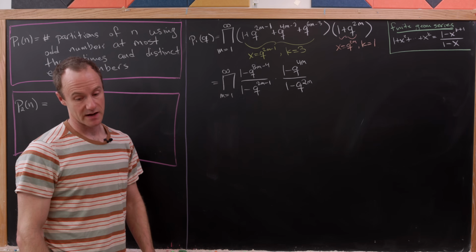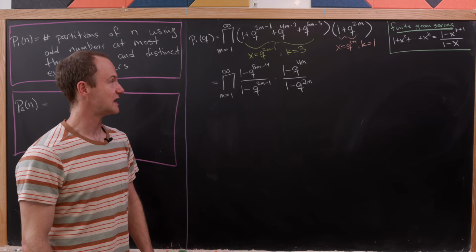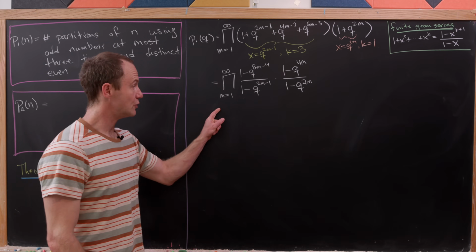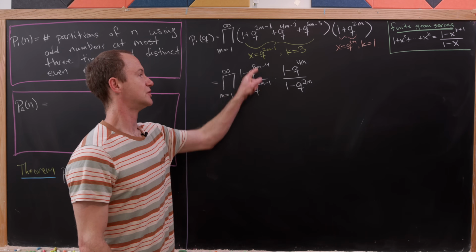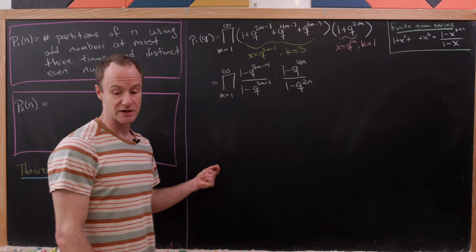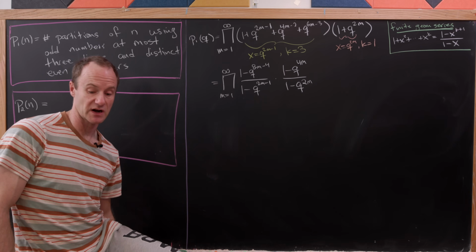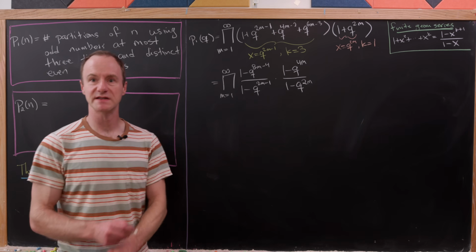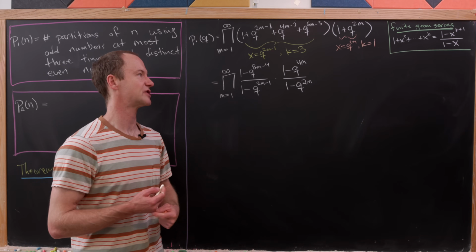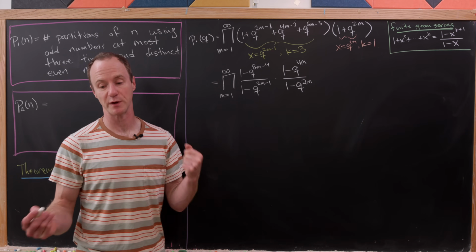So those line up. And if m is equal to 2, we get 1 minus q to the 12th. And if m is equal to 3, we get 1 minus q to the 12th. So those are going to line up as well. That means sometimes we'll get cancellation of the things in the numerator and sometimes we won't.